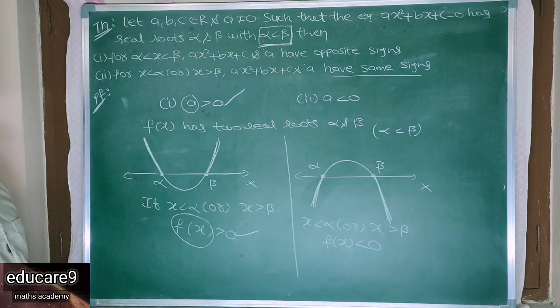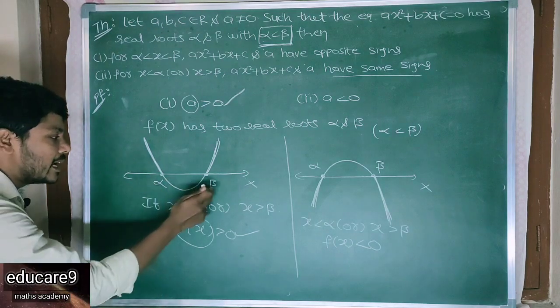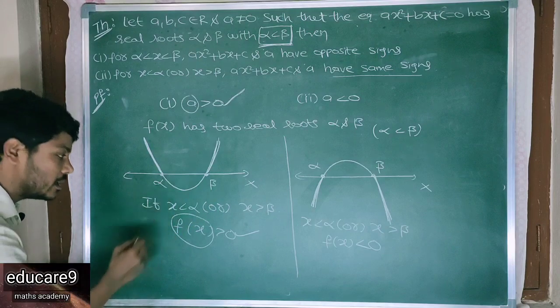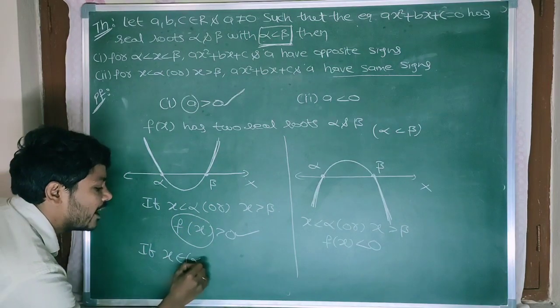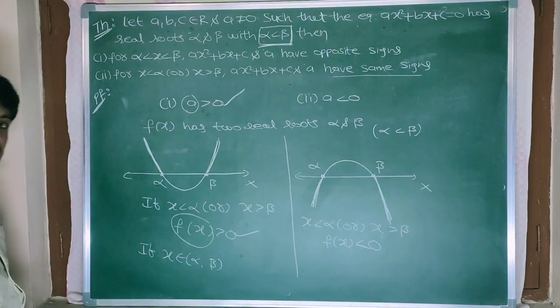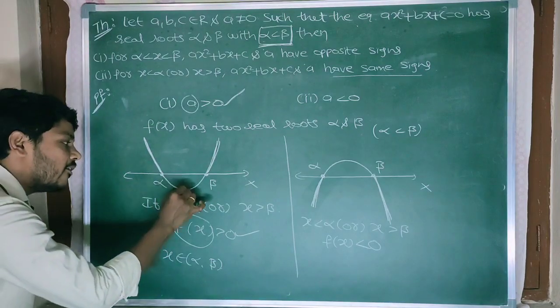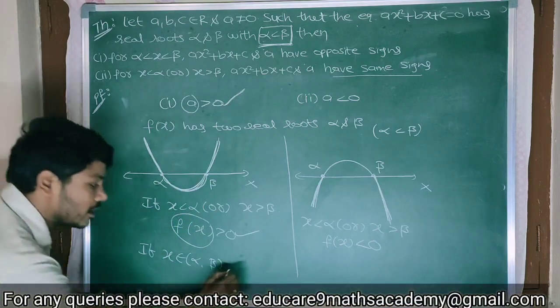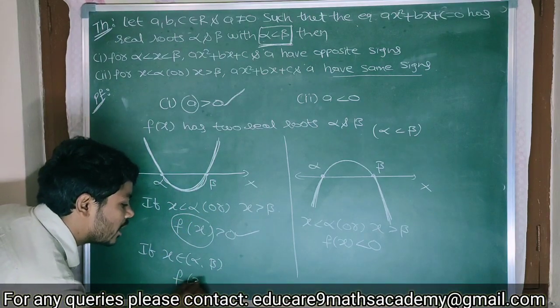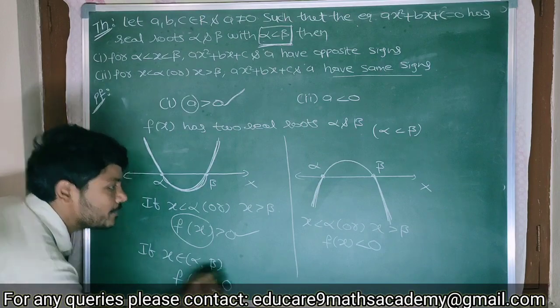And another condition: if x belongs to the interval alpha and beta, in that case the graph lies below the x-axis, that is f of x is negative.